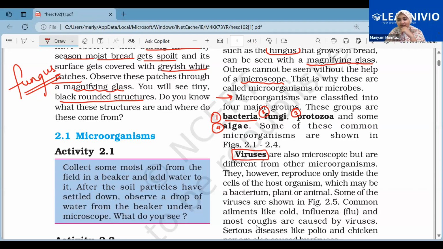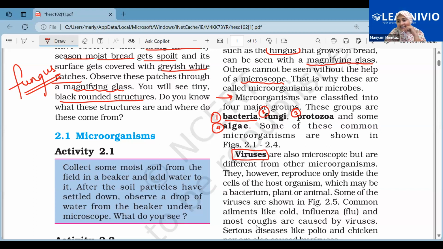You can't really call it alive if you don't know where it is, but if it's inside your body, then you can call it alive. But that's conditional, right? But when I talk about bacteria, whether they are present in our body or outside, they are always living. So we call bacteria living.